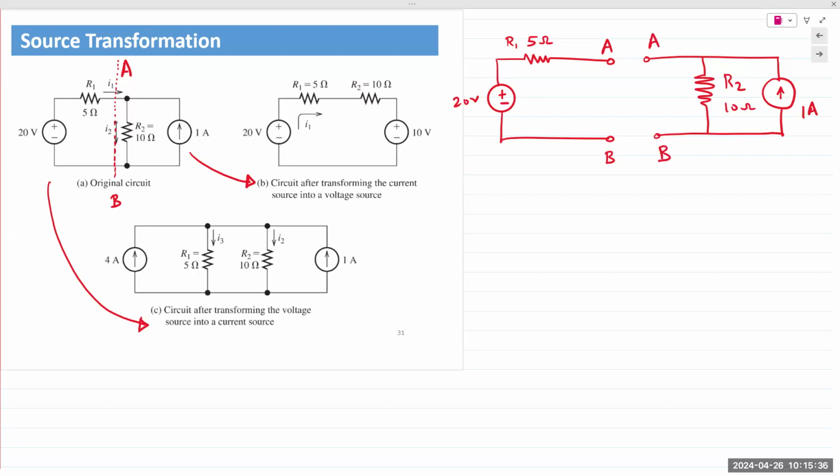Again, the nodes, of course, are A and B. So far, so good. Any questions?